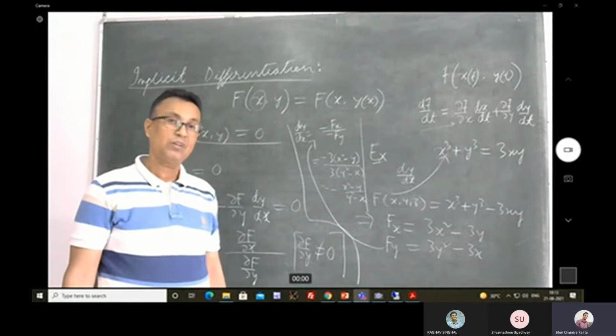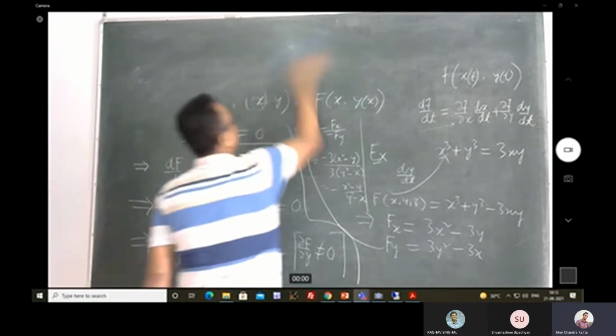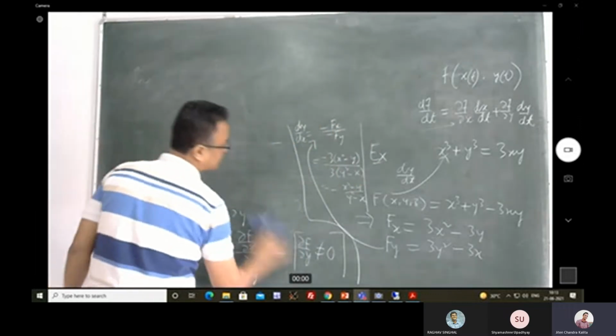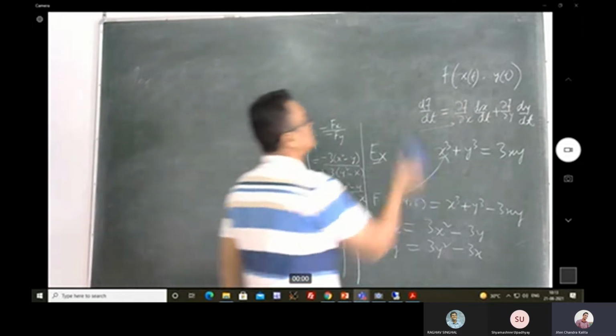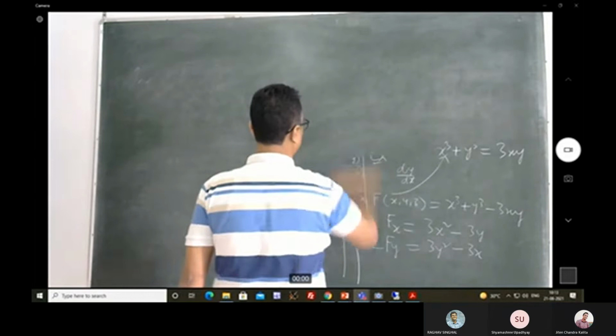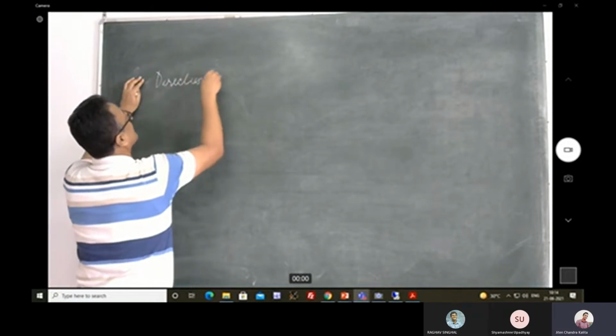Now I want to get back to directional derivatives. This is simply something like leftover from my earlier class, a previous class, where we did directional derivative.